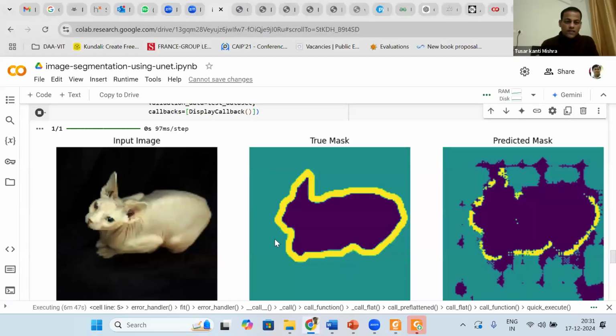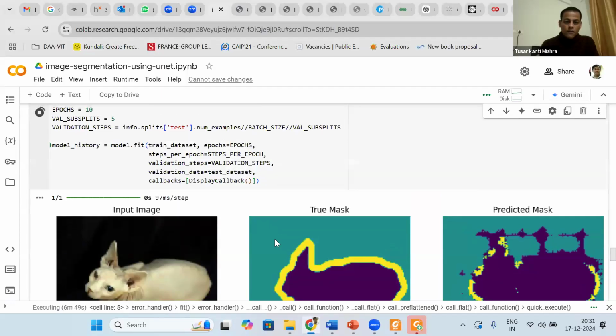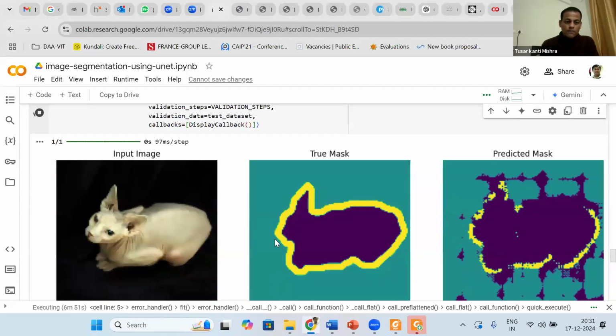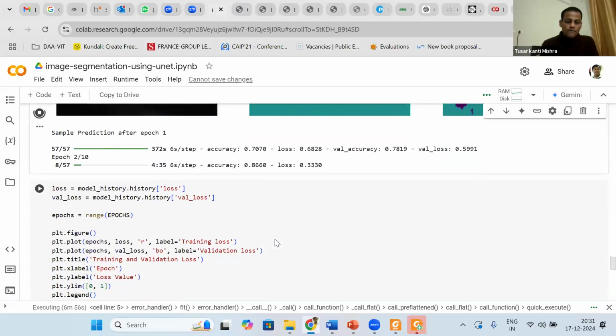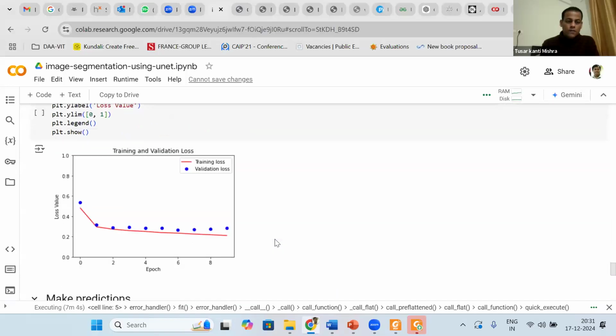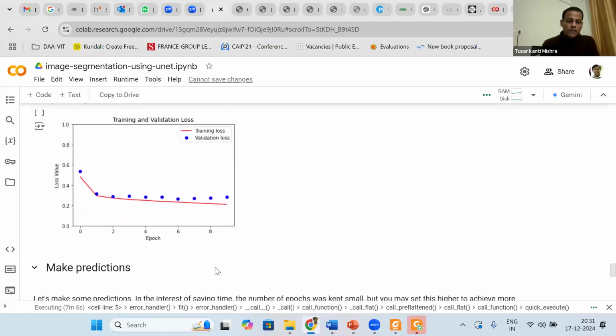Let us check. Yes, it is done now. Going for the second box, we can see the training loss is converging down, still going down.